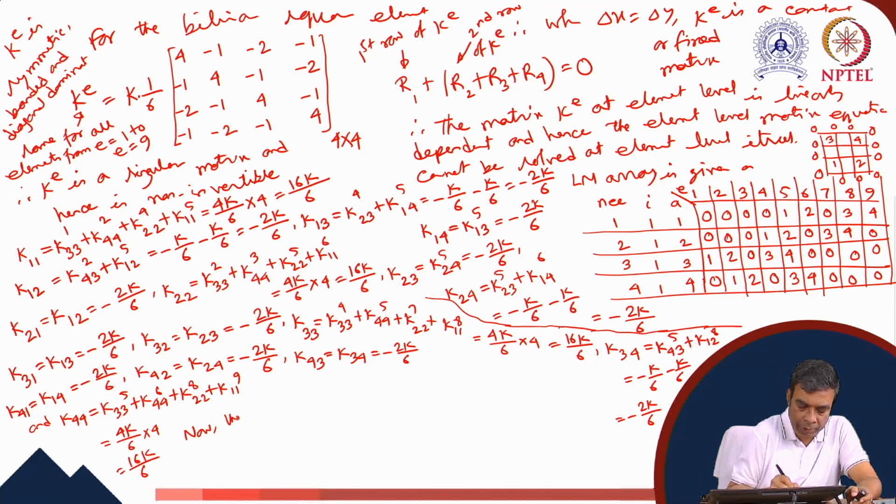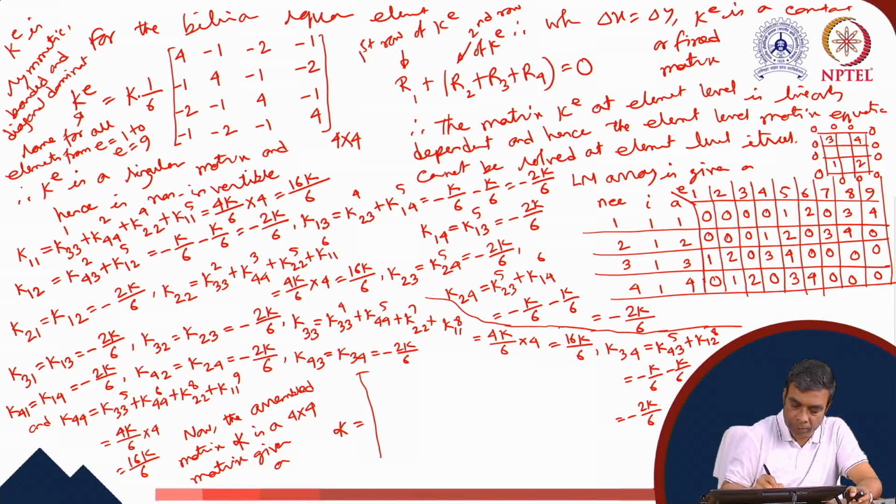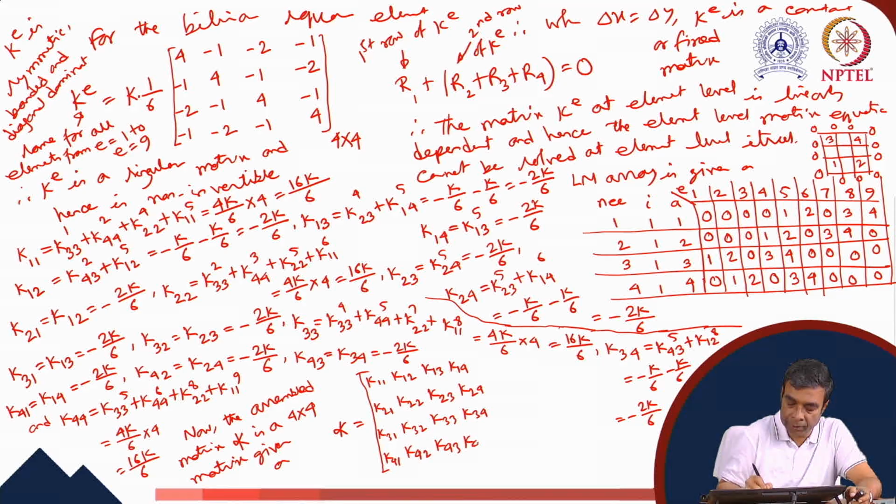Now, the assembled matrix, capital K, I write this symbol to distinguish it from the thermal conductivity, is a 4 by 4 matrix given as K equals K11, K12, K13, K14, K21, K22, K23, K24, K31, K32, K33, K34, K41, K42, K43, K44.